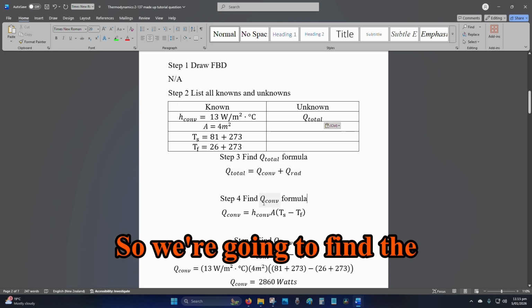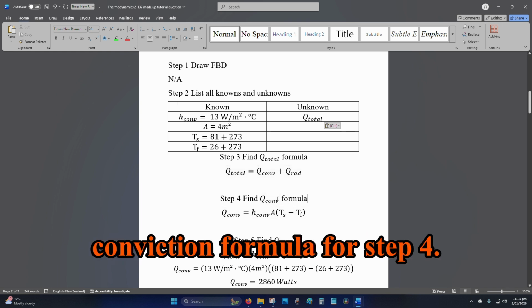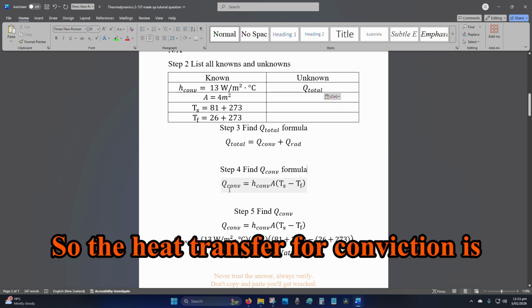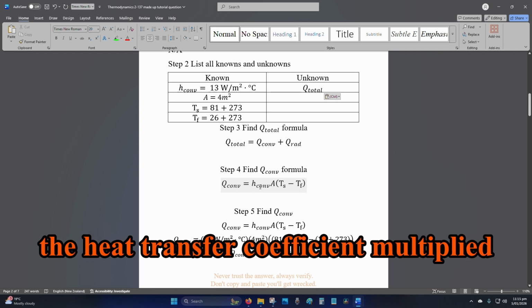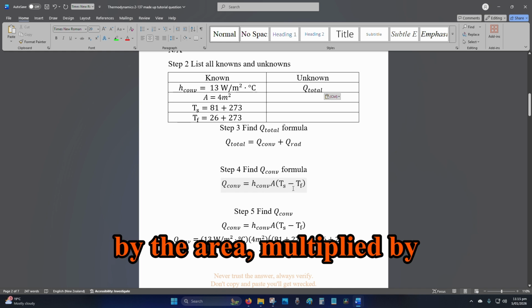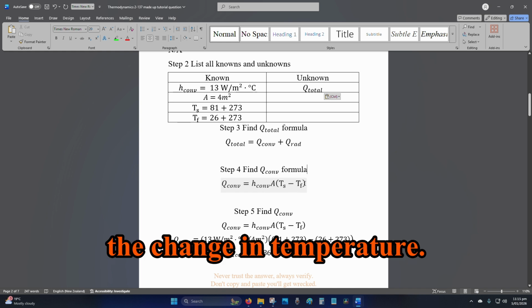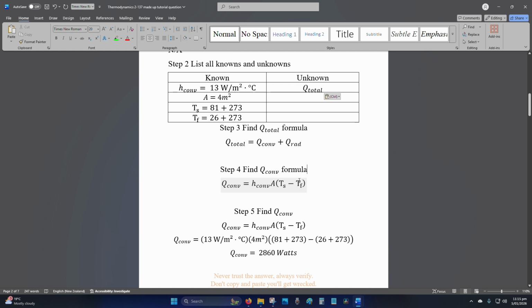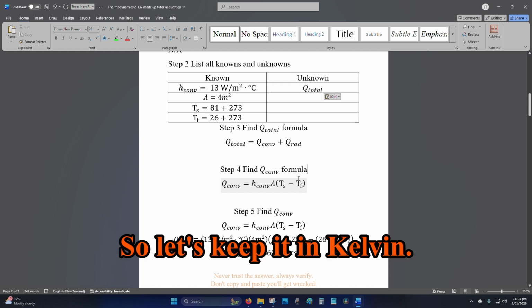So we're going to find the convection formula for step 4. So the heat transfer for convection is the heat transfer coefficient multiplied by the area multiplied by the change in temperature. So let's keep it in Kelvin.